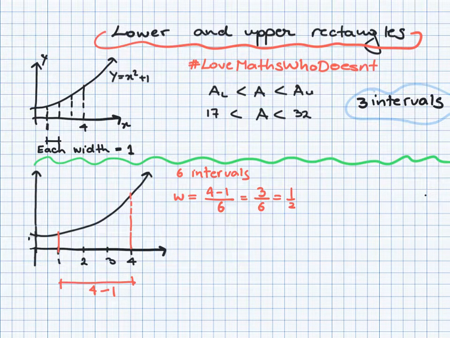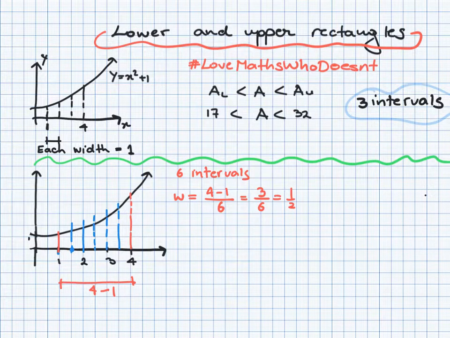This is now telling us the width of each interval. If this is 1, this is 2, so the next one will be 1.5. Then we have 2, another half, and then another half, and another half, and another half.